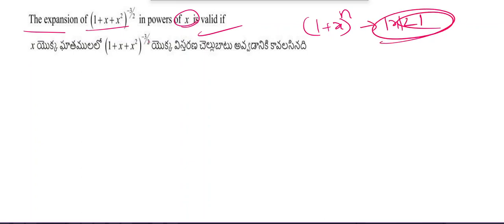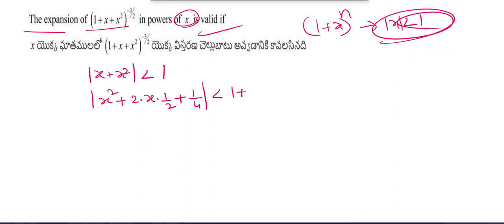This is the formula. Here the given expansion (1 plus x square) whole to the power of minus 3 by 2 is valid. That means the modulus of x plus x square is less than 1. This is written as mod of x square plus x, which is x square plus 2 into x into 1 by 2 plus 1 by 4, since 1 by 2 whole square is 1 by 4. Add 1 by 4 on both sides.